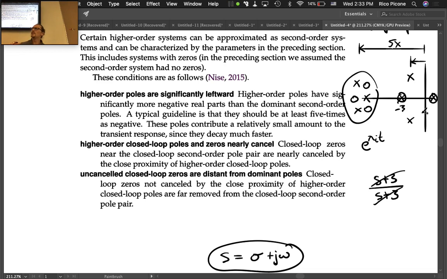So what we want is to understand that this approximation, using the second order approximation, for instance, is valid as long as we are being cautious about how good of an approximation this really is.